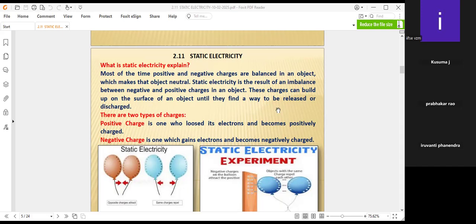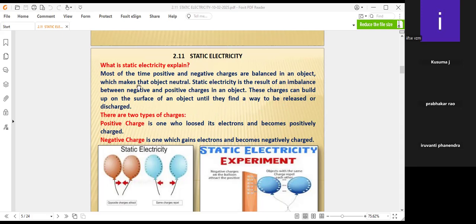Before reaching the earth, if any object is there, that object will be spoiled. That's why these charges build up until they find a way to be released or discharged. They will find the way where the earth potential is zero, but no object should be in between. If an object is there, it will be spoiled.